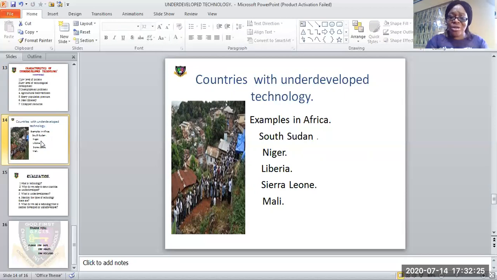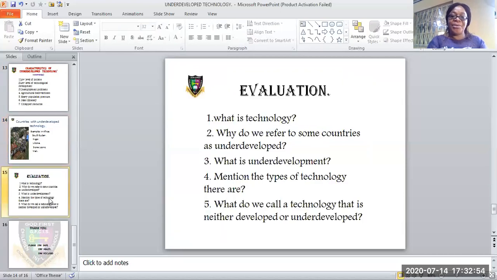That is to say, they do not have scientific methods of doing things or arriving at results. The scientific knowledge is very, very small. Are we together? Very good.